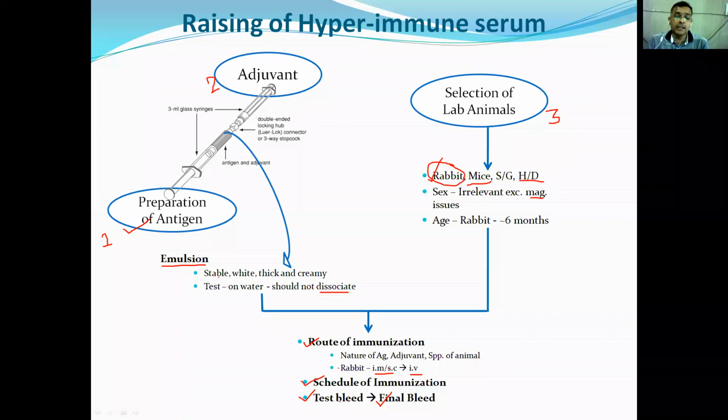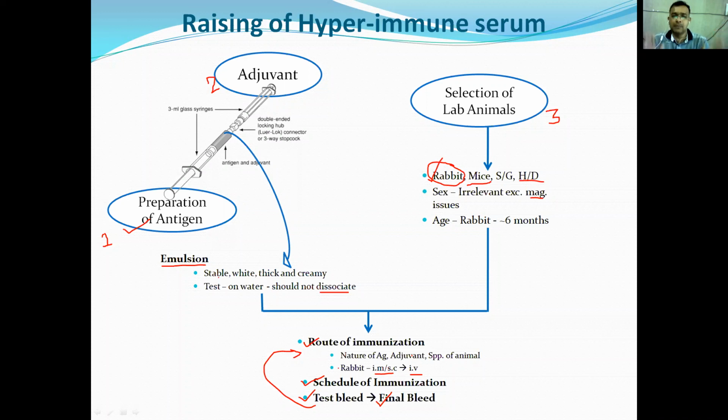But if in the test bleed you are not getting a sufficient amount of your target antibody, then you have to go for re-immunization, and again go for a test bleed, and if you get sufficient antibody, then the final bleed. Otherwise you have to terminate and reinitiate your entire protocol with a new type of species or new animals.